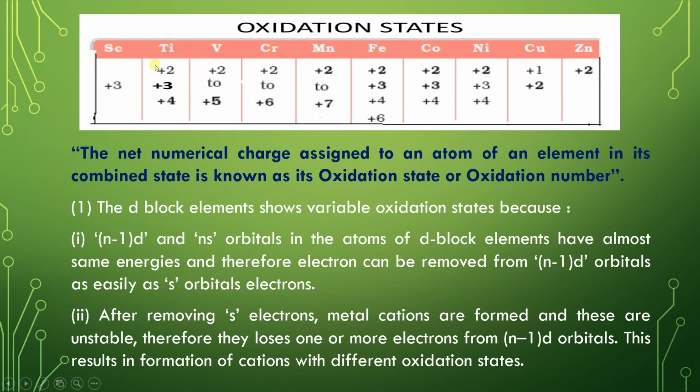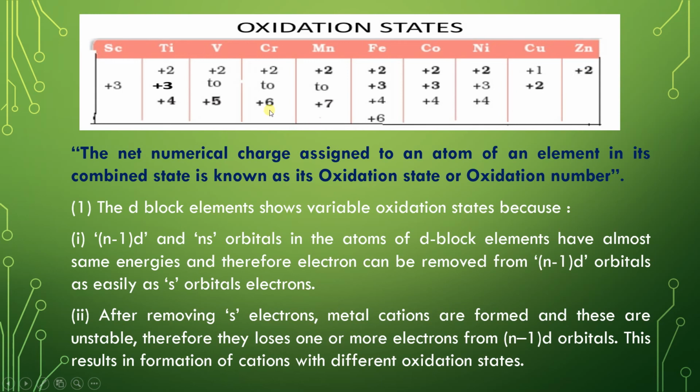As we observed in the 3d series, scandium to zinc, we observed variable oxidation states. Scandium +3, titanium +2, +3, +4, vanadium +2 to +5, chromium +2 to +6, manganese +2 to +7, iron +2 to +6, cobalt +2 to +4, nickel +2 to +4, copper +1, +2, zinc +2.